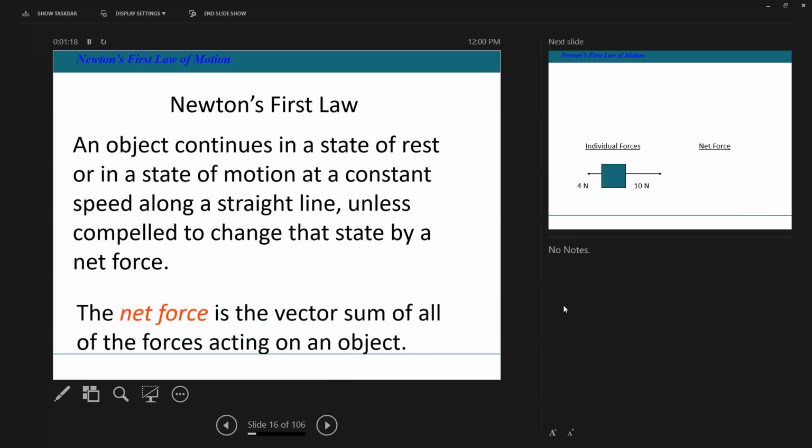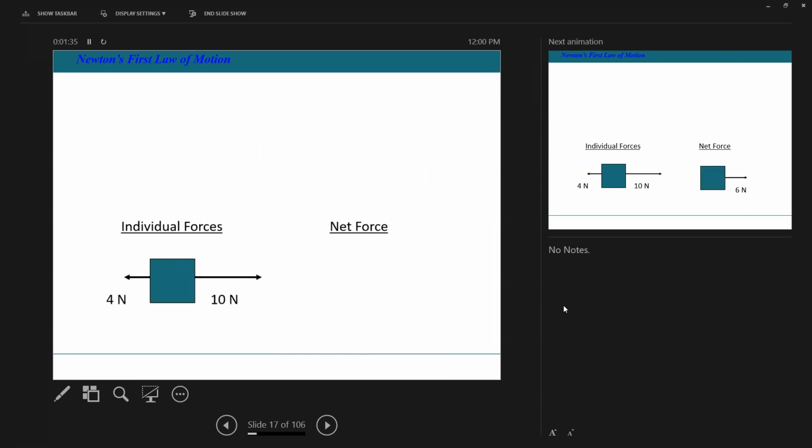So an object continues to be in a state of rest or in a state of motion at a constant speed along a straight line unless compelled to change that state by a net force. Now the net force is the vector sum of all forces acting on the object. So let's go back to our little block example with the two gentlemen.